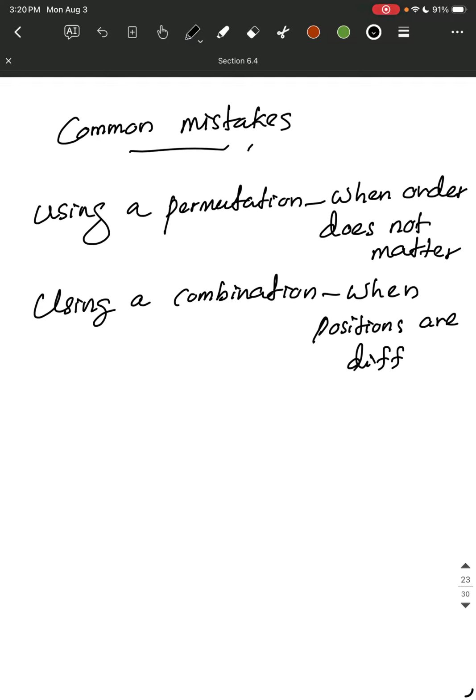Forgetting that 0 factorial equals 1. Evaluating larger factorials unnecessarily instead of cancelling. Forgetting to divide by repeated factorials when objects are identical, counting repeated arrangements as different. Assuming words like choose always mean combination. Sometimes the choices are ranked or assigned positions. Those are the common mistakes.